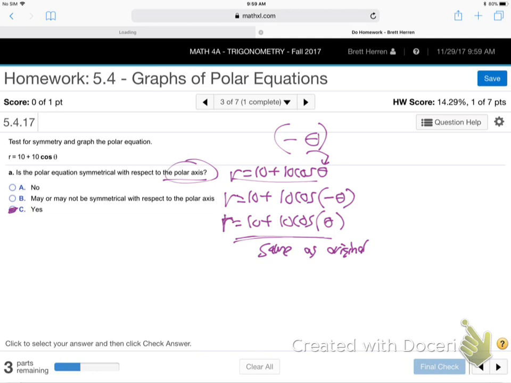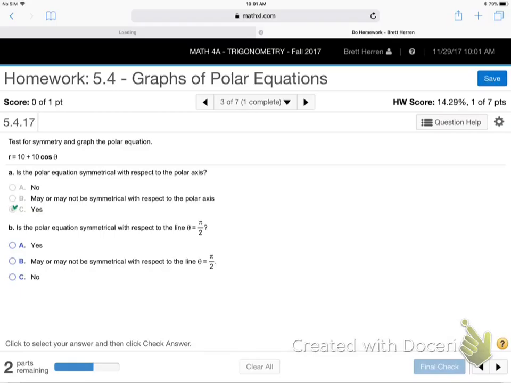Okay, let's go to the next question. Theta equals pi over 2 for r equals 10 plus 10 cosine. What do we do with that?